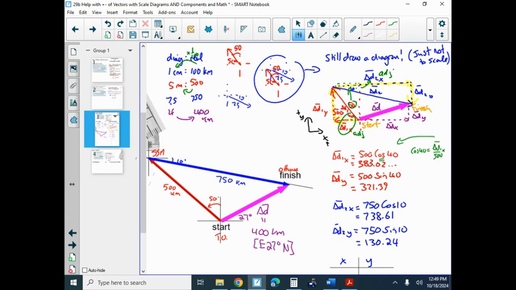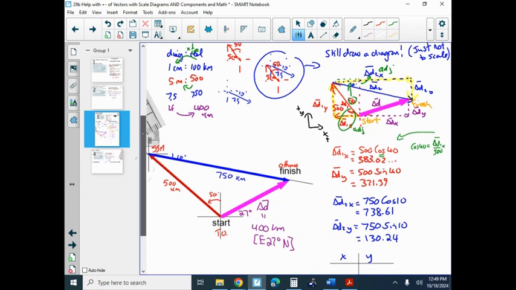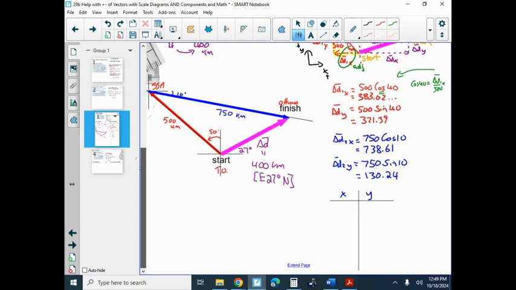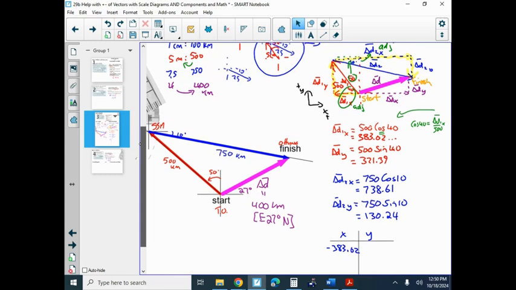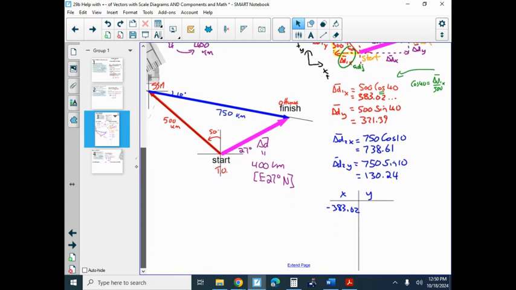So my first x is negative, so that's a negative delta d1x of 383.02. Then I'm going up delta d1y, so up 321.39.